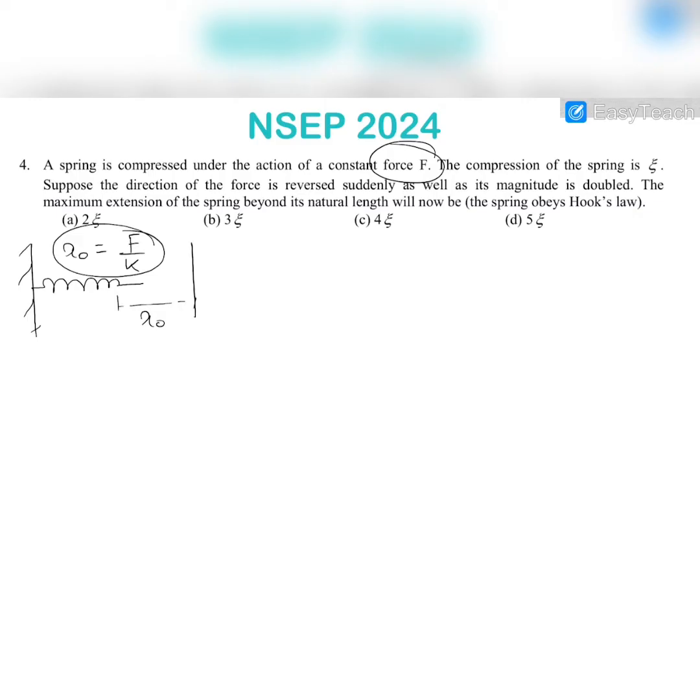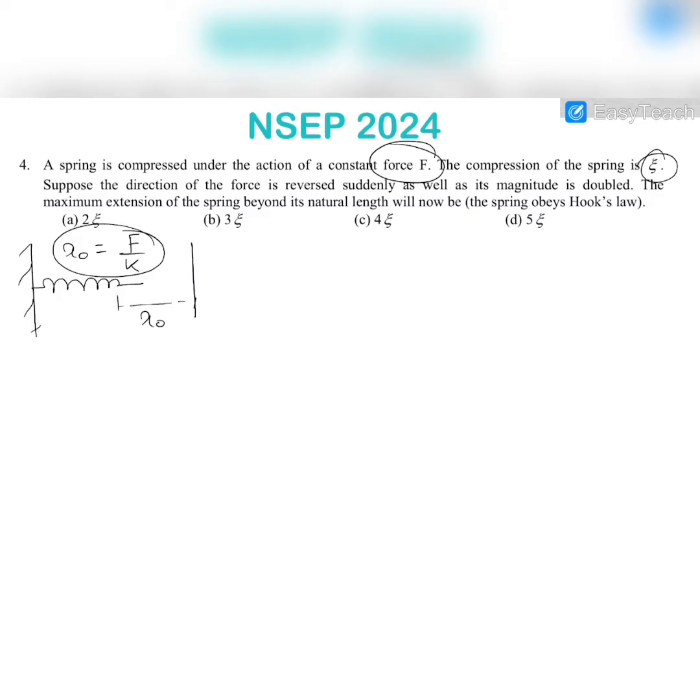Now I have assumed this epsilon as x naught, so it doesn't matter. Now suddenly this force is reversed, and suddenly the magnitude is doubled. So we have to find out the maximum extension to which the spring will be extended beyond the natural length.